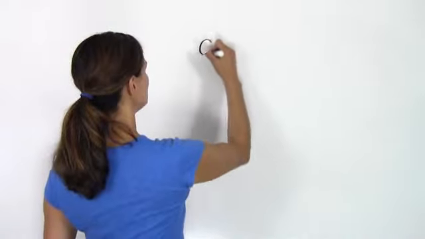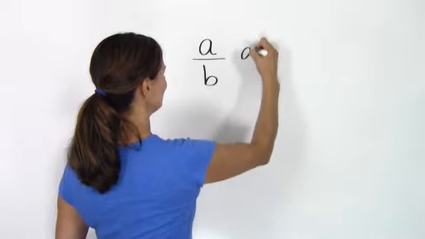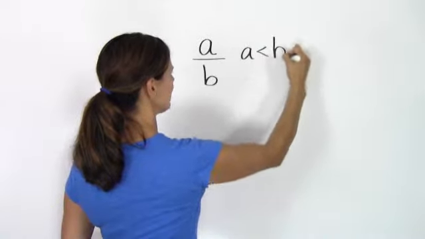There are several different types of fractions: proper fractions, improper fractions, like fractions. Let's start by looking at proper fractions. A proper fraction is a fraction where the numerator is less than the denominator.